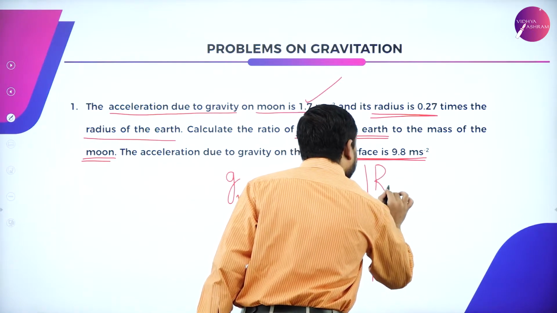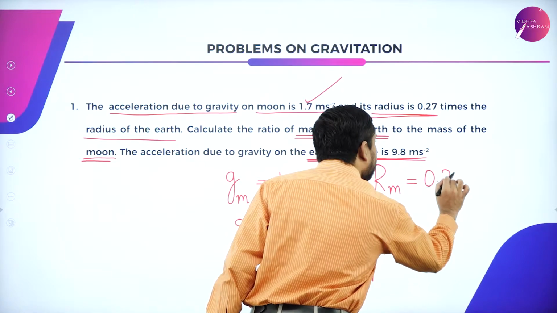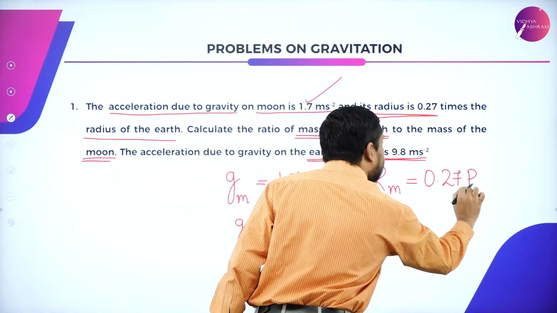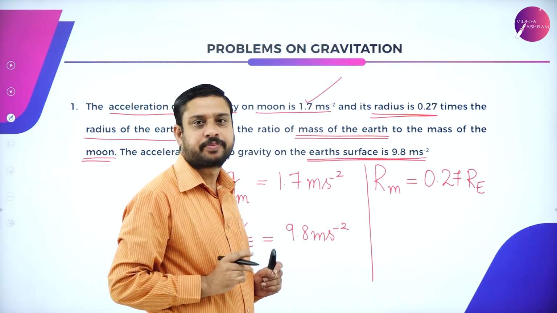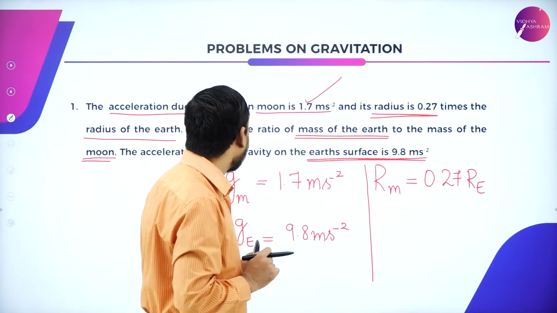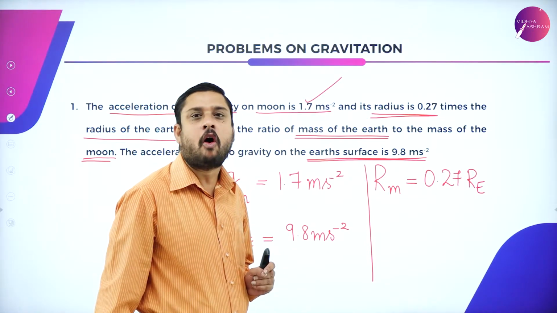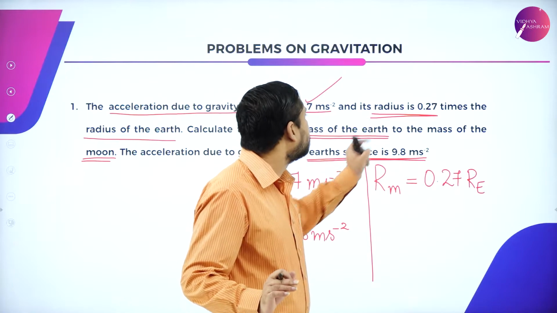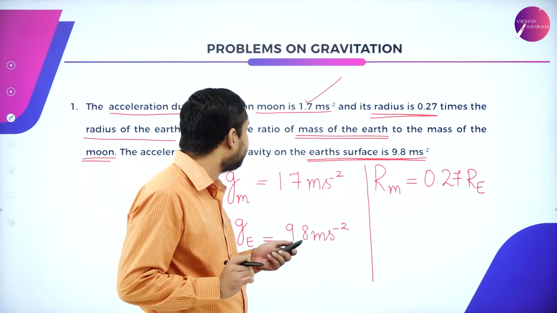So the radius of the moon is 0.27 times the radius of the earth. I will have to calculate the ratio of the mass of the earth to the mass of the moon.